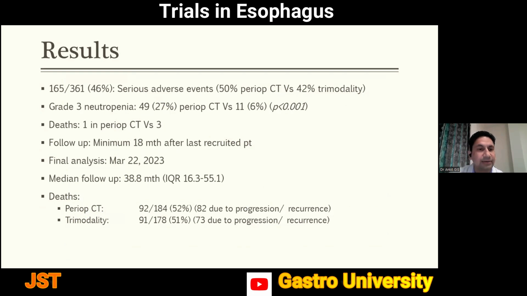As I told earlier, the final analysis of the trial was done on March 2nd, 2023. A median follow-up of 38.8 months was there, with an IQR of 16.3 months to 55.5 months, and that's what I've already mentioned.